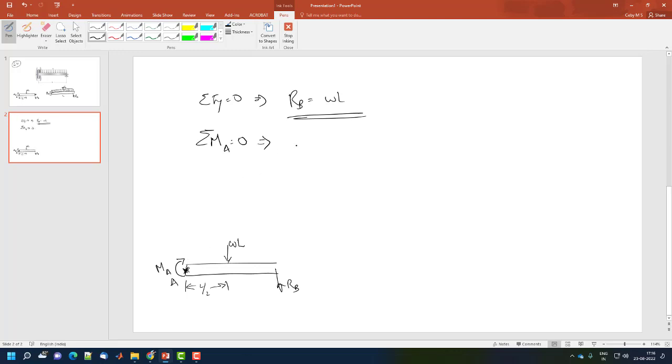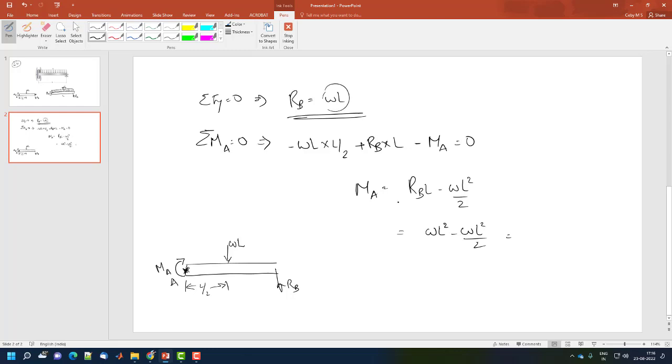So WL into L by 2 with a negative sign, plus RB into L, and at A it is clockwise, so minus MA equal to 0. So MA is equal to RB L minus WL square by 2. That is equal to WL square minus WL square by 2. I just substituted this over here. That is WL square by 2. So that is MA.